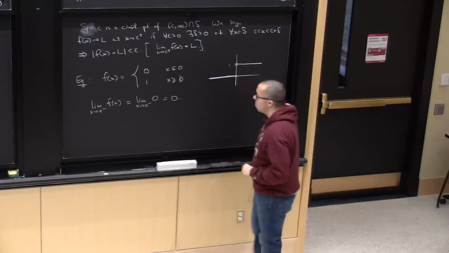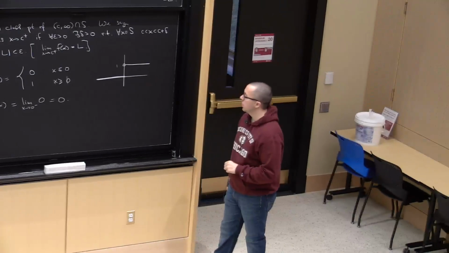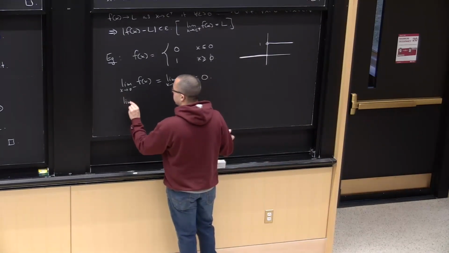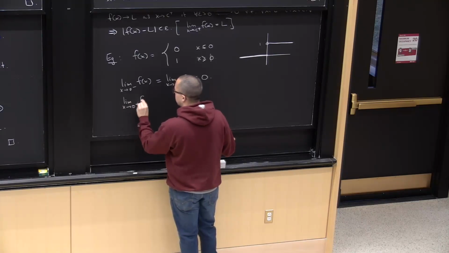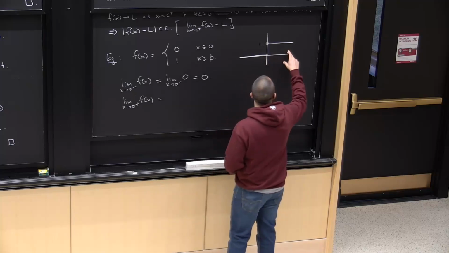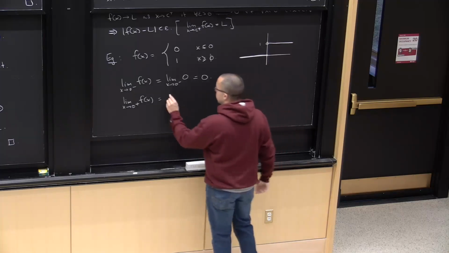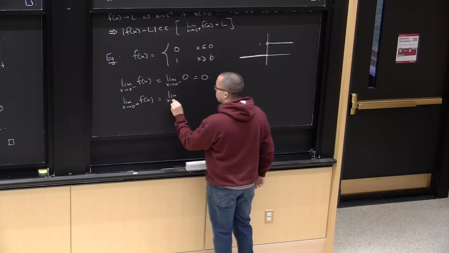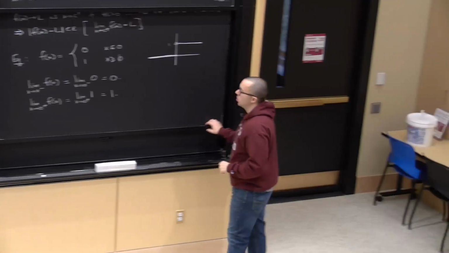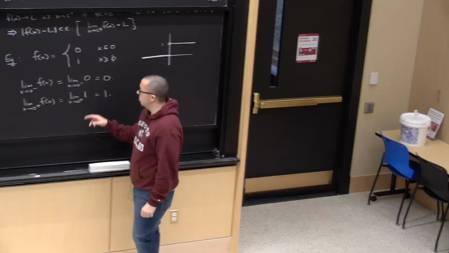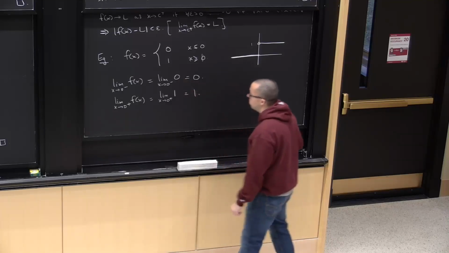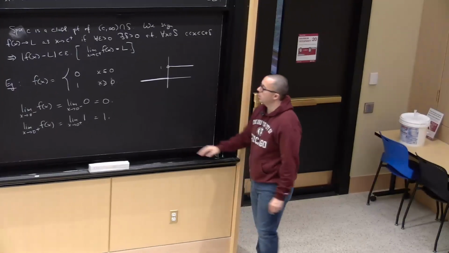And if I look at this function from the right, to the right of 0, then f of x is just 1. It's just 1 identically. Although I haven't shown that one-sided limits of constants equal the constant, I think that should be something you can easily believe or write out yourself.